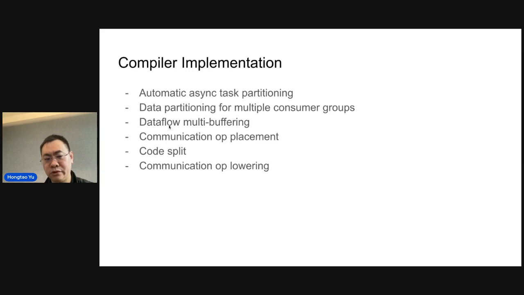We also support multi-buffering so that the producer does not have to be necessarily blocked by the consumer. It can move forward with additional buffers. And synchronization, primitive operations placement, and actual code split and lowering is pretty much the infrastructure we were building.